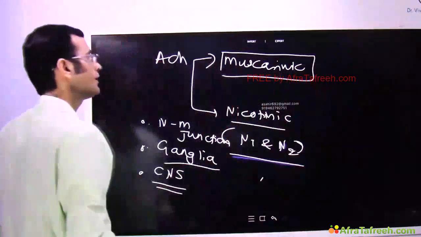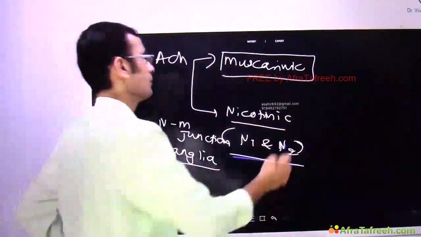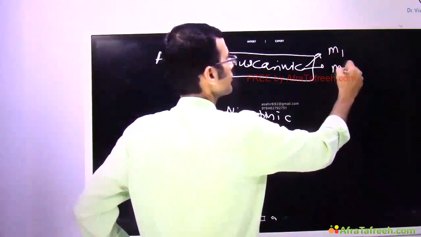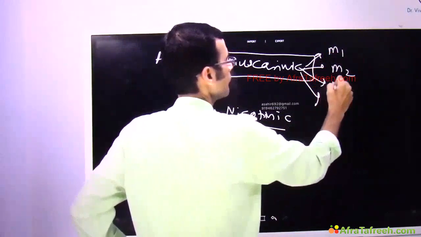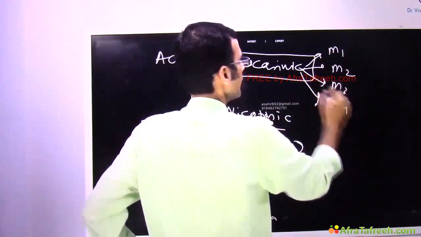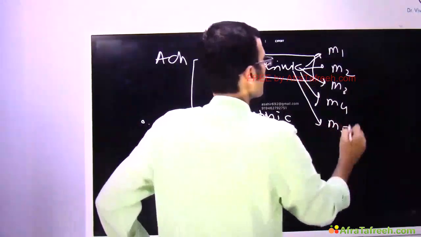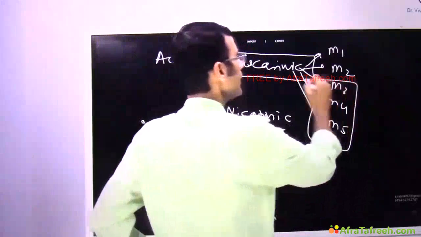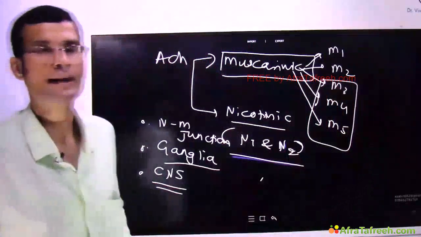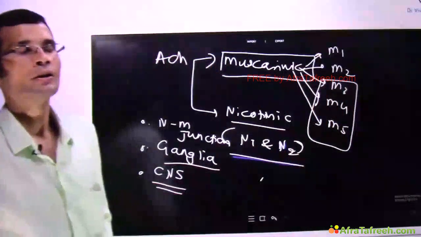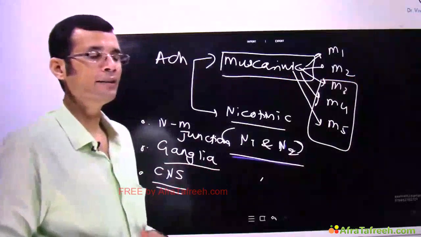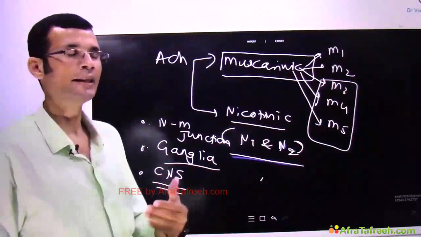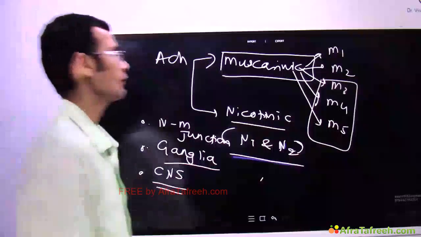And the organ systems have muscarinic receptors. There are 5 types of muscarinic receptors: M1, M2, M3, M4 and M5. M3, M4, M5 mediate the excitatory effects of acetylcholine. You will see that these receptors are present in the digestive tract and in the glands, and they have an excitatory effect of acetylcholine.